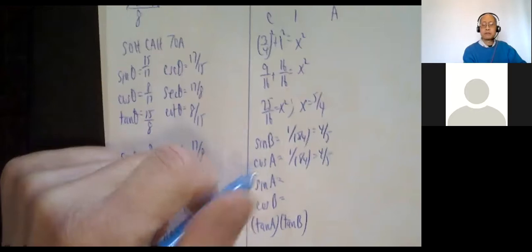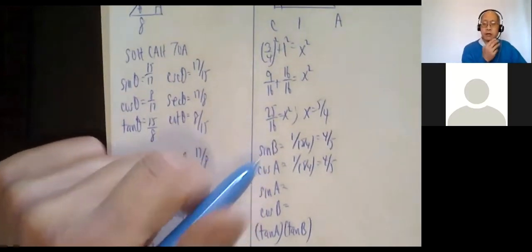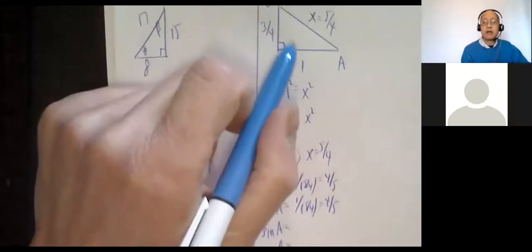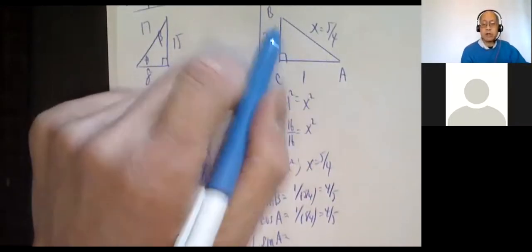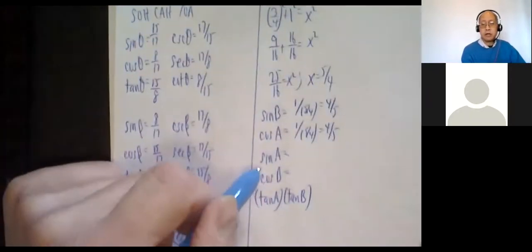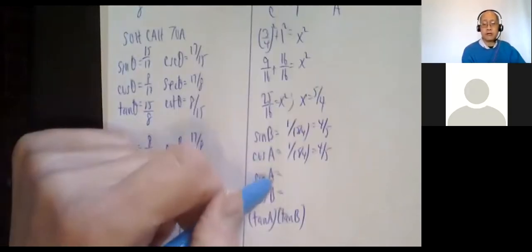Again, it's 4/5. And that sort of piggybacks off what I said earlier, right? Sine of B is the same as the cosine of A in a right triangle. That's always going to be true. So come to think of it, I'm expecting these to be the same also. Sine of A and cosine B, right? Sine of one is the cosine of the other.